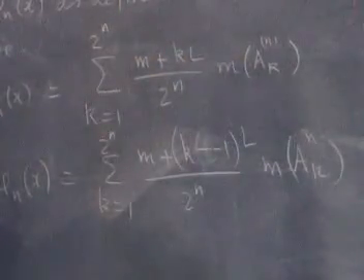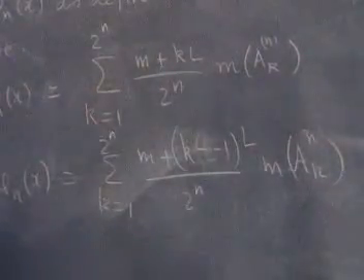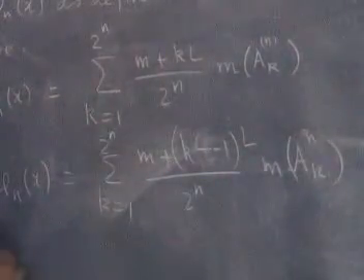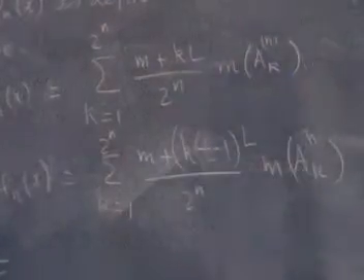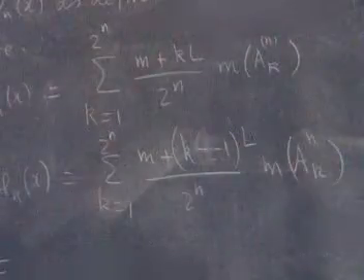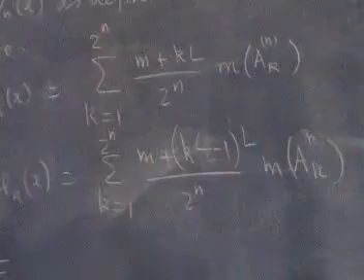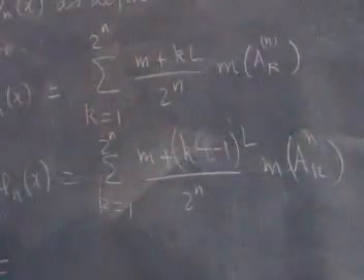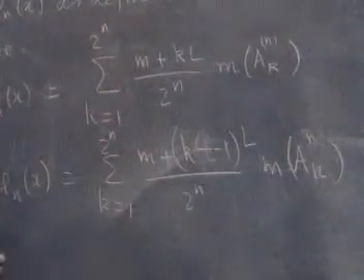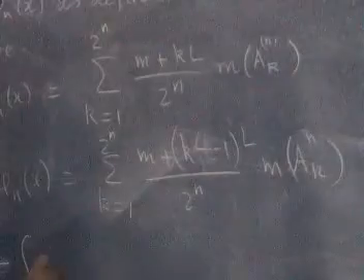What can you say about the integral of psi n compared to the lower integral? The difference is L by 2 to the power of n times the measure of A. Let me write the difference.